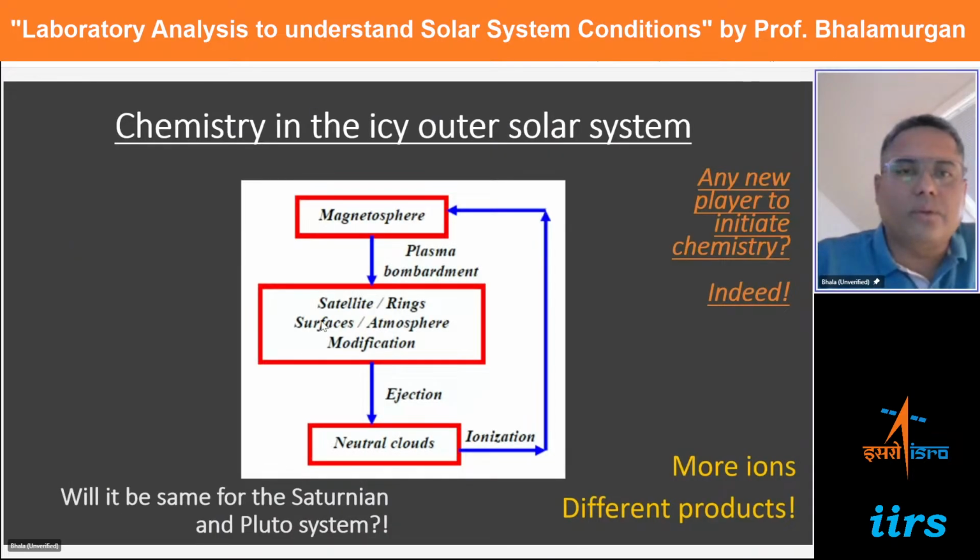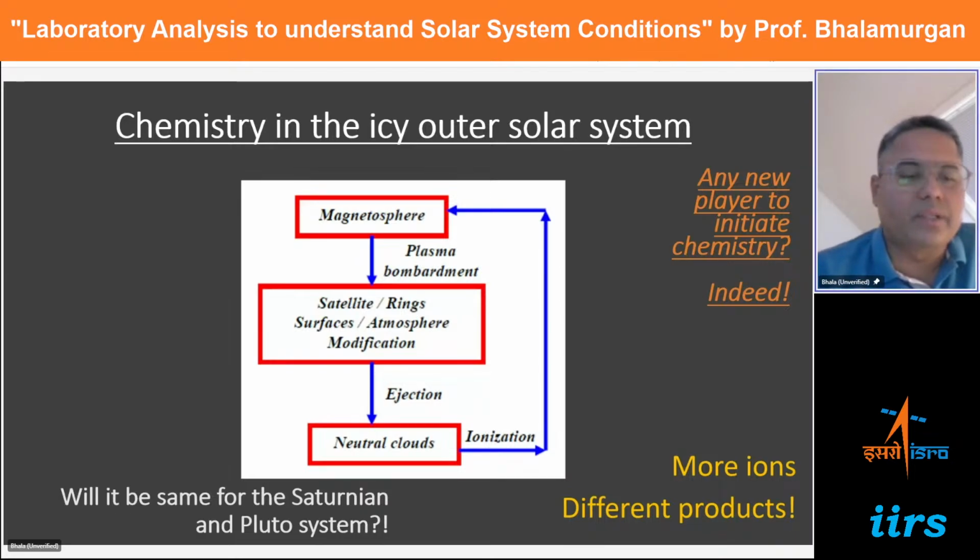The magnetosphere, as a plasma bombardment, picks up the molecules and injects them into the neutral clouds, and ionization kicks in because of photons. The moment you get ionized molecules, the magnetosphere will pick them up and can take them to the far edges of its own planetary system.